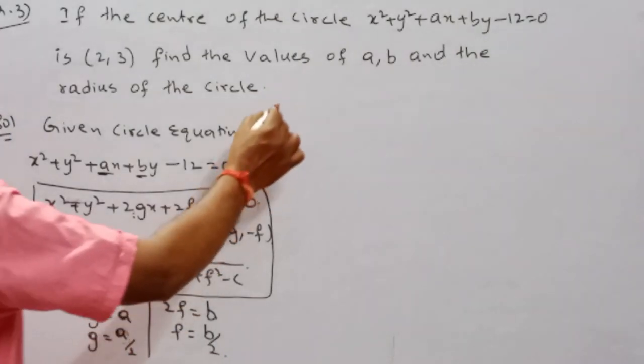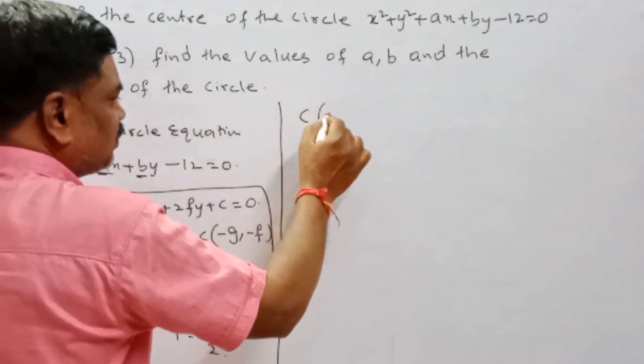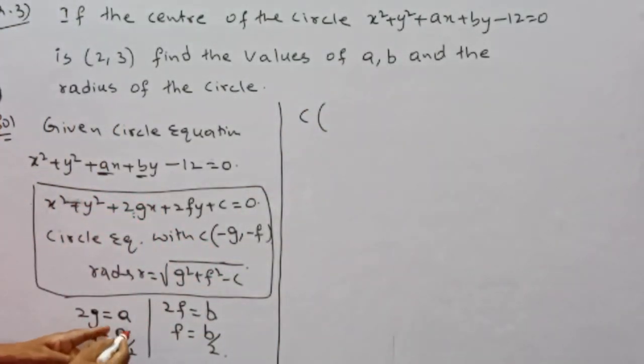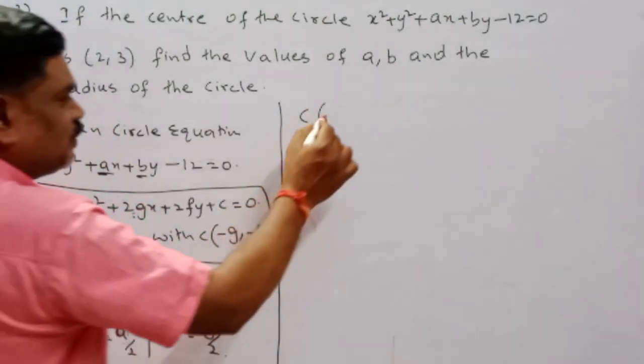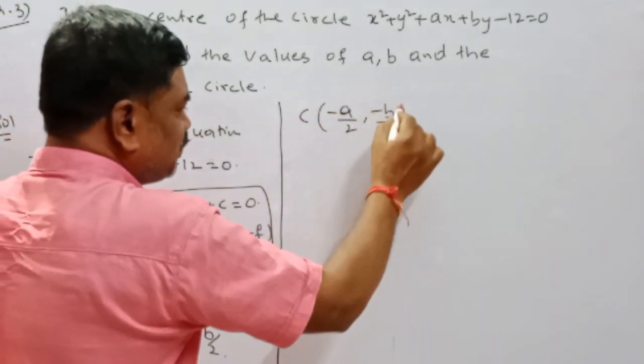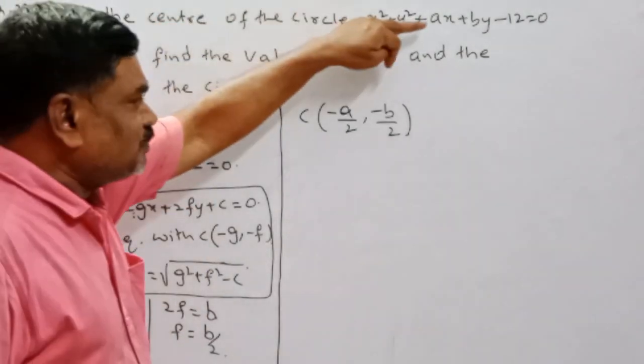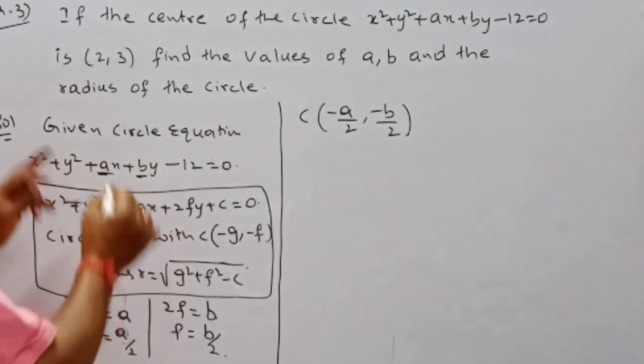So here the center of the circle from the given equation is minus a by 2 comma minus b by 2.